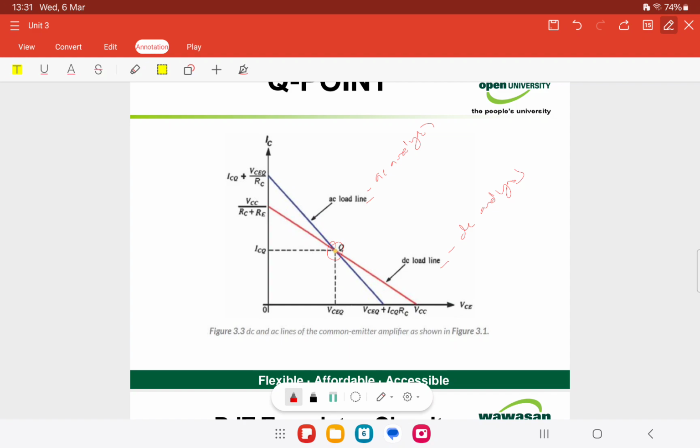The Q point is essentially the operating point of the transistor.